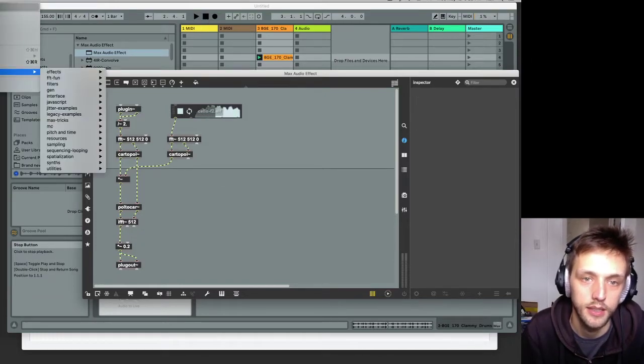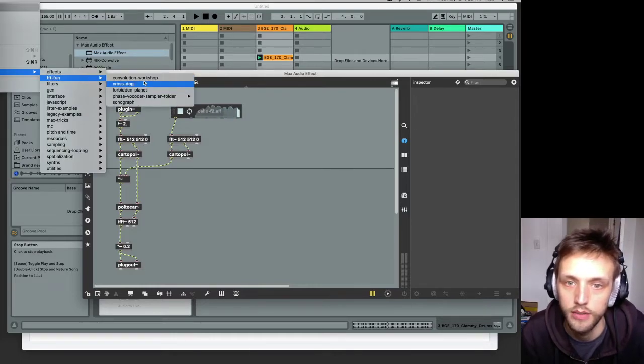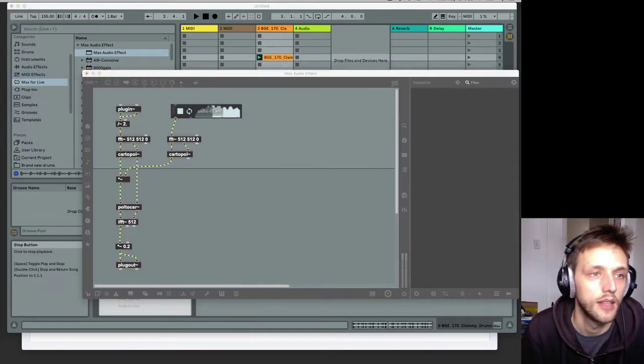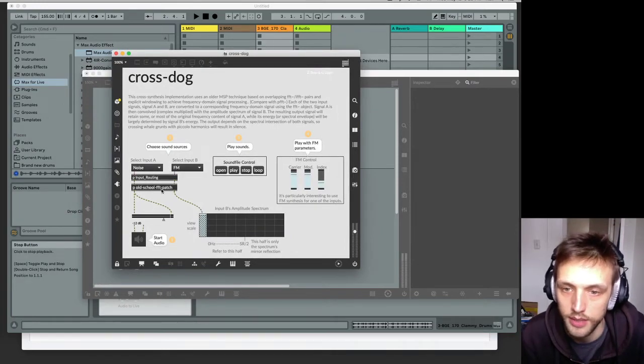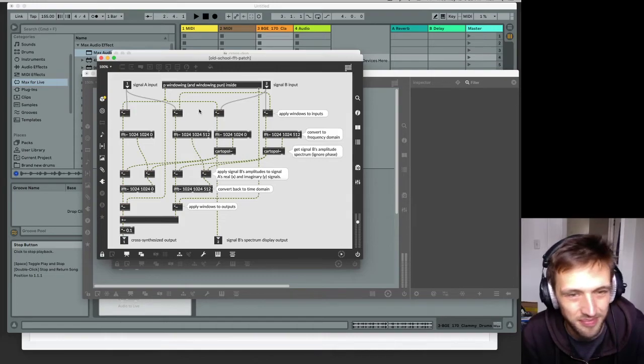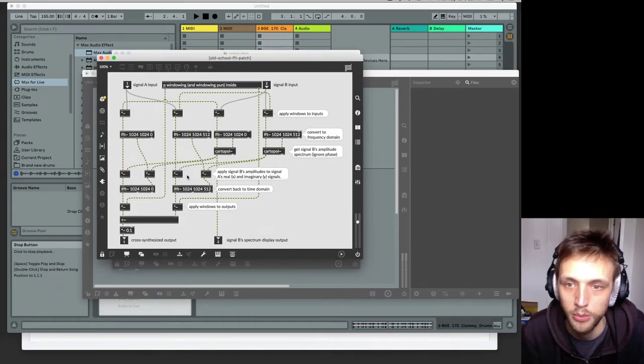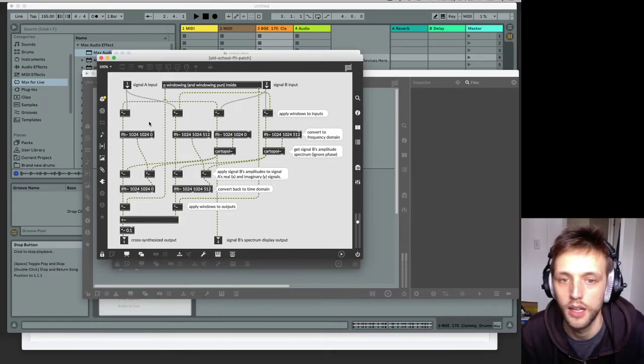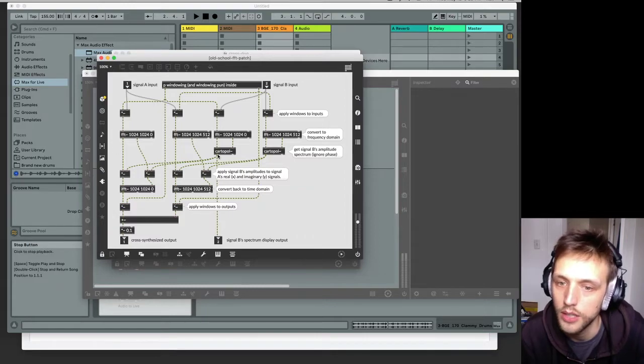But just so you can get an idea of what I'm talking about, this is a thing called cross synthesis. It's kind of like this, one moment. Look, you multiply. Okay, here we go.